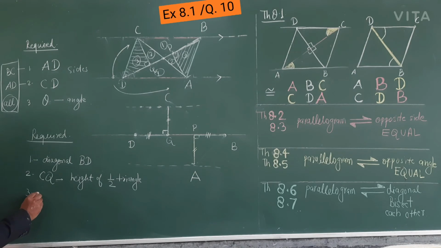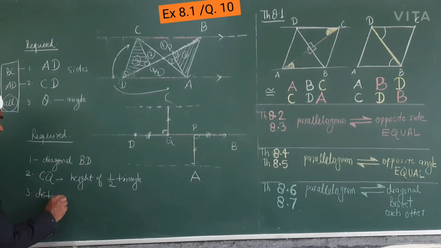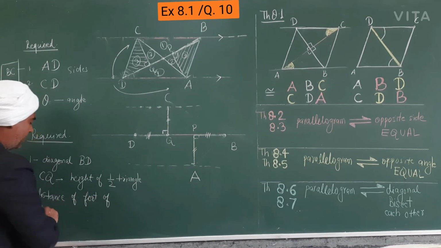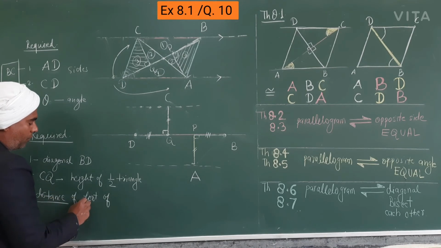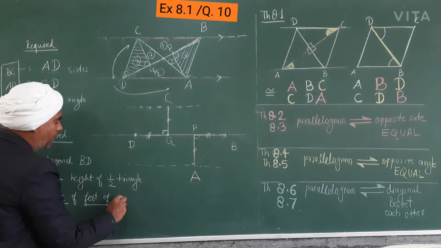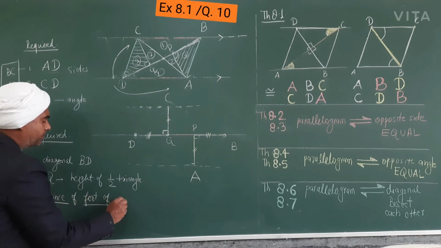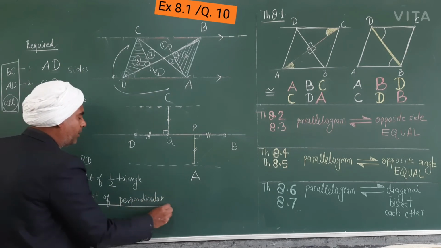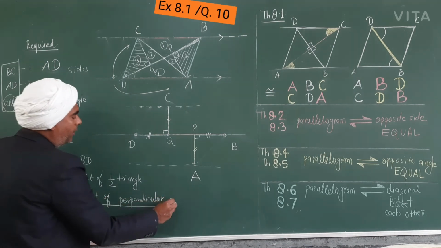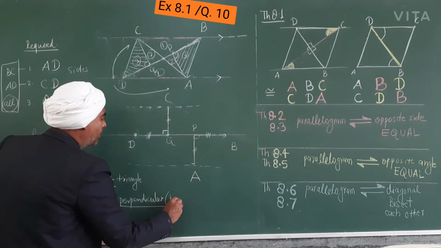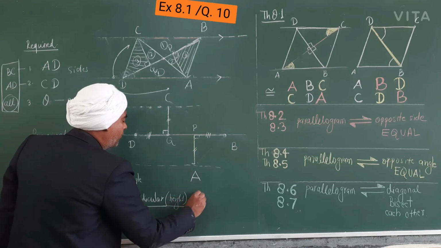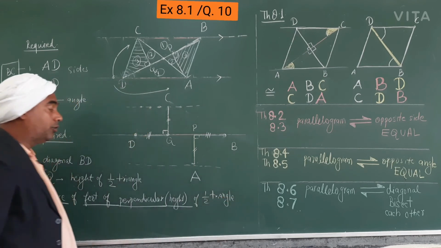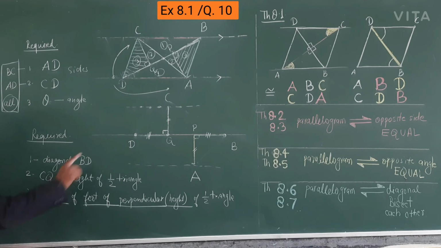The 3 things. The distance of the foot of perpendicular or height of the half triangle, meaning these should be equal. So if you give 3 things, the parallelogram will be fixed.